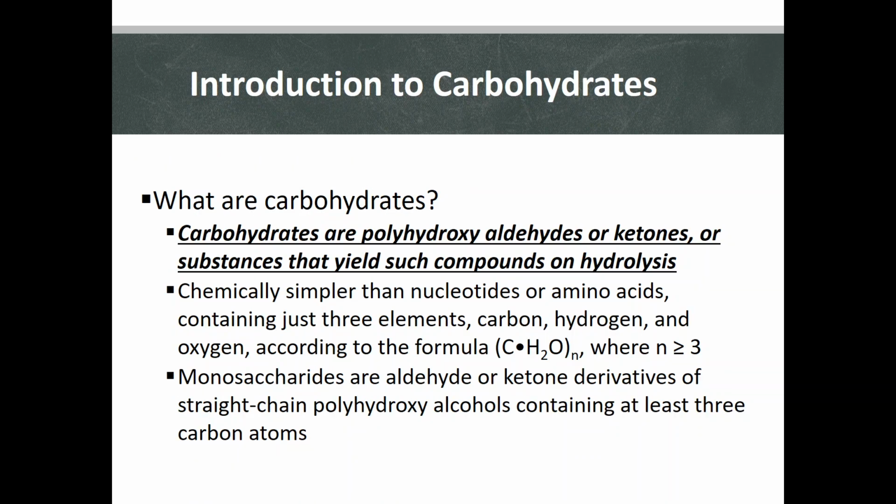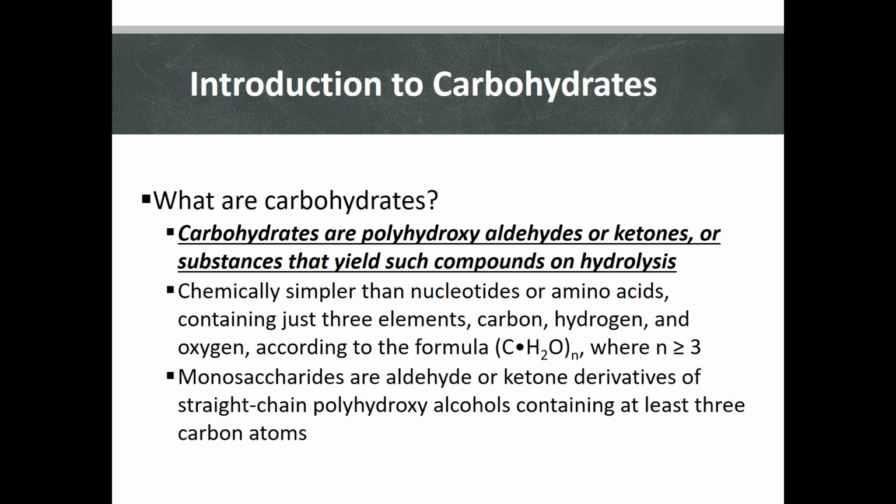Chemically speaking, carbohydrates are fairly straightforward molecules. They are simply polyhydroxy molecules that contain a single aldehyde or ketone functional group. So this will be important later on because the aldehyde or ketone, that functionality is how we classify carbohydrates.